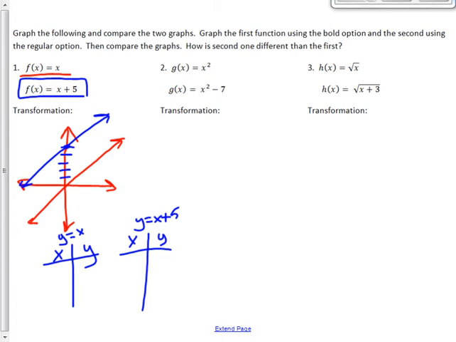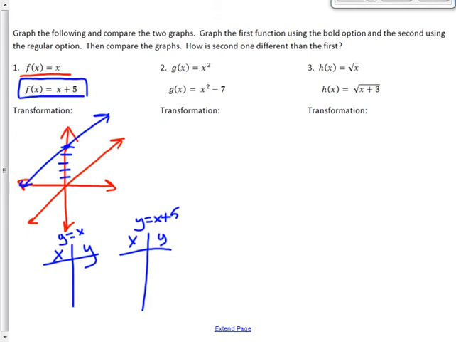We had a shortcut for this back when we were doing y equals mx plus b, where you would take the +5 and say, oh, that's the y-intercept. Okay, and you would plot the y-intercept, and then you would draw the line in from there using the slope. Well, we want to be even less exact than that right now because we're looking at just the transformation part. We want to say, well, that's going to move up 5. That's the same thing as saying that we're going to find the y-intercept at 5.